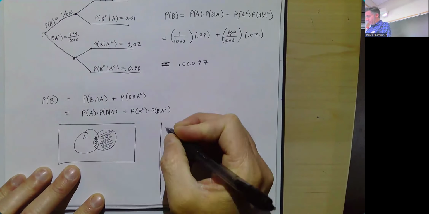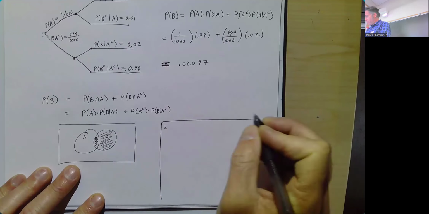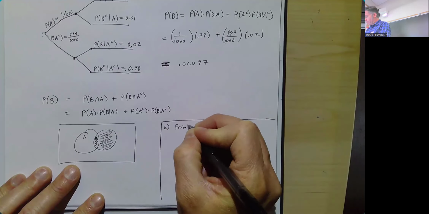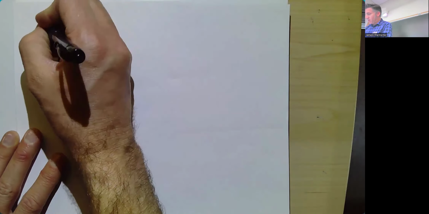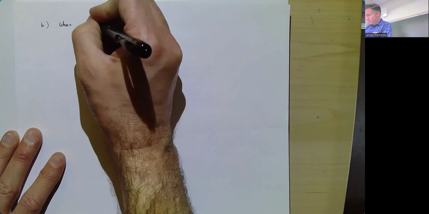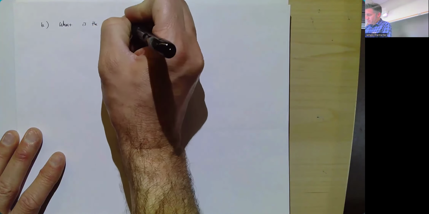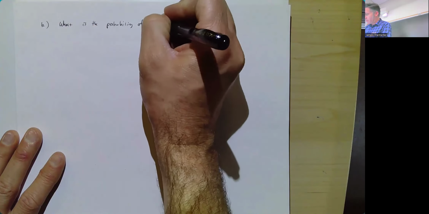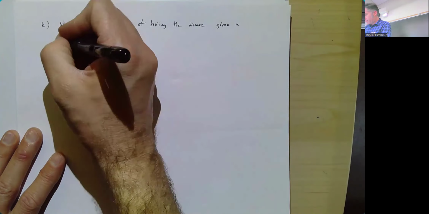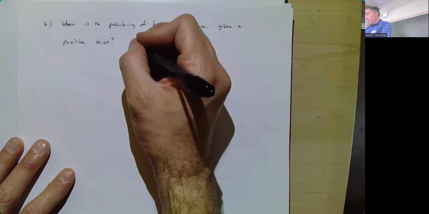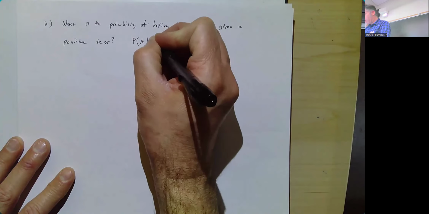So part B: what is the probability of having the disease given a positive test? In other words, what's the probability of A given B?